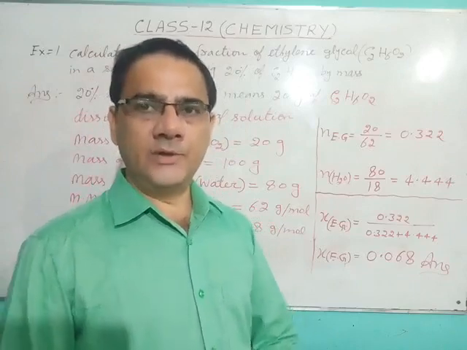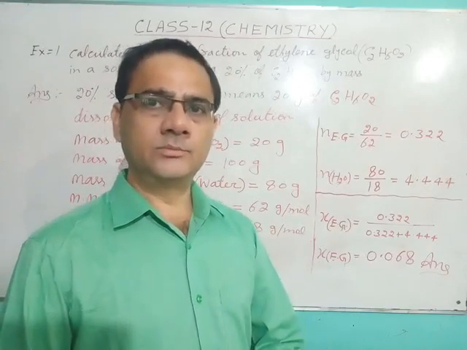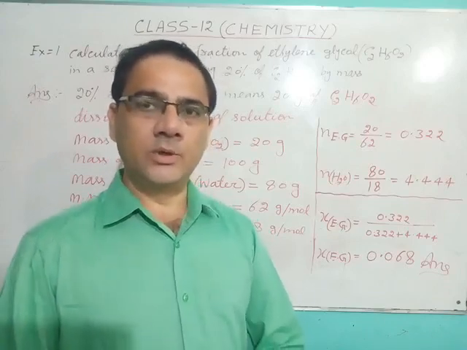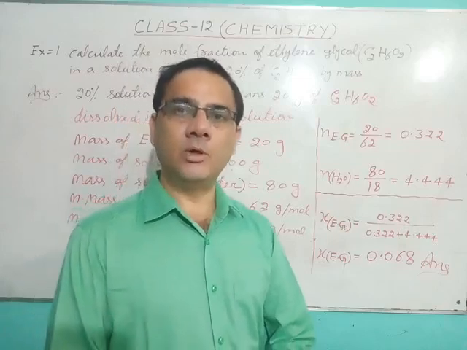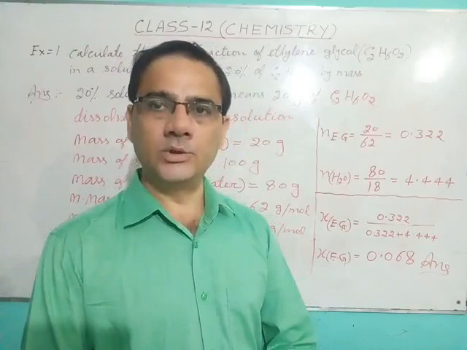Maybe in the exam along with ethylene glycol, it may be asked to calculate the mole fraction of water also. So mole fraction of water we can easily calculate, because one thing I already told you, the sum of the mole fractions of all the components present in the solution is equal to 1.